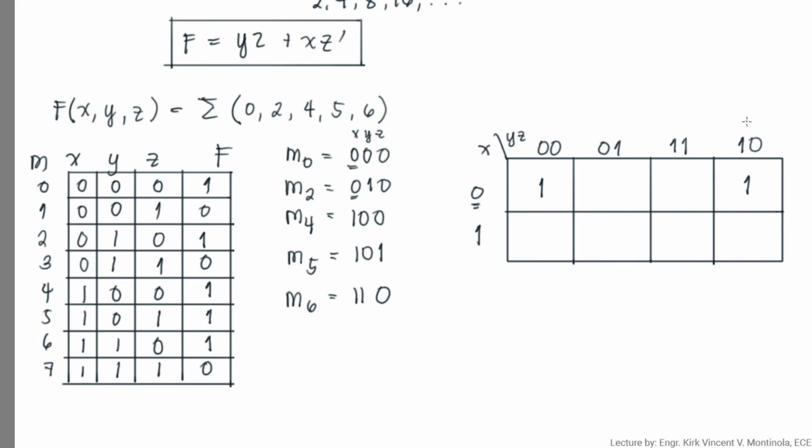So ito siya. And then 1 na siya sa X, then 0 0. So dito siya. And then we have M5, 1, then 0 1. Okay, dito siya. And then we have M6, 1, and then 1 0. So dito siya.